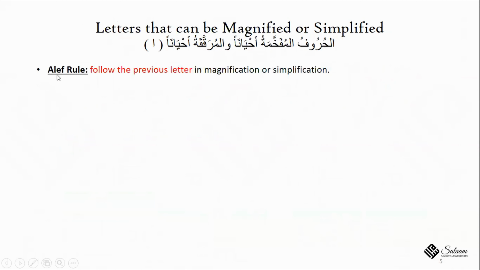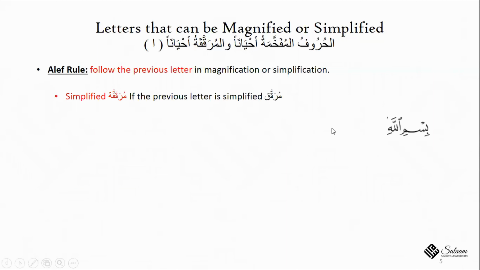So here we have a rule for alif, which can have both. Sometimes it is magnified, like this, and sometimes simplified, like this, based on the previous letter. If the previous letter is simplified, the alif will be simplified. It will be very clear with the examples.